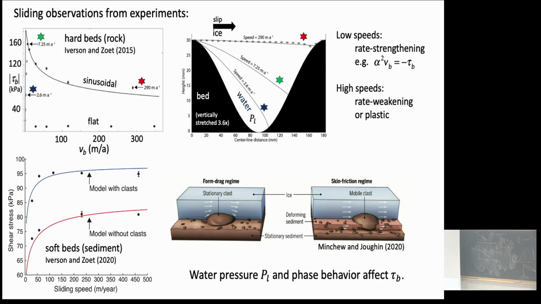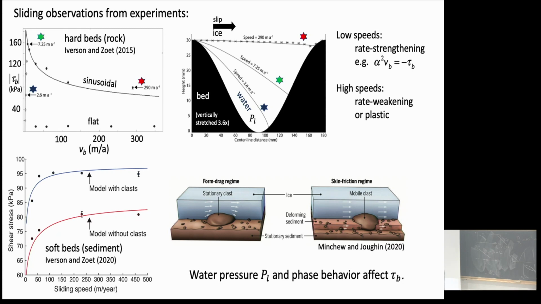So some glacier beds, we call them hard beds if they're made out of rock, meaning that they can't deform. We call them soft beds if they're made out of sediments, meaning that they can deform. And with the experiments over the sediments, they have something that's slightly different, but qualitatively in many ways the same. They have an increasing shear stress with sliding speed, but it plateaus at some level.